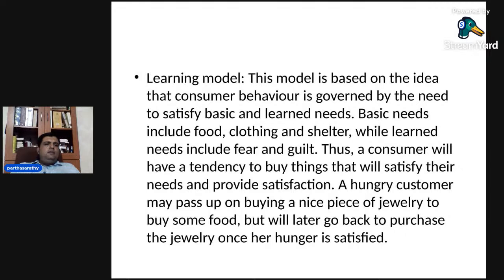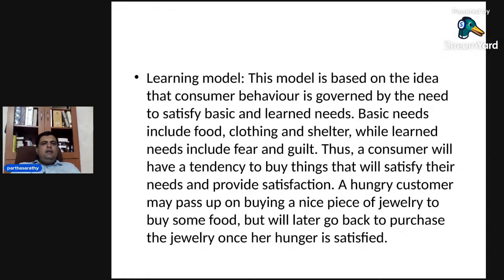For example, a customer who is striving for his livelihood is more focused on satisfying his physiological needs. Once his status increases, he may focus on safety needs. Likewise, these are learned through experiences and taught by the previous generation.